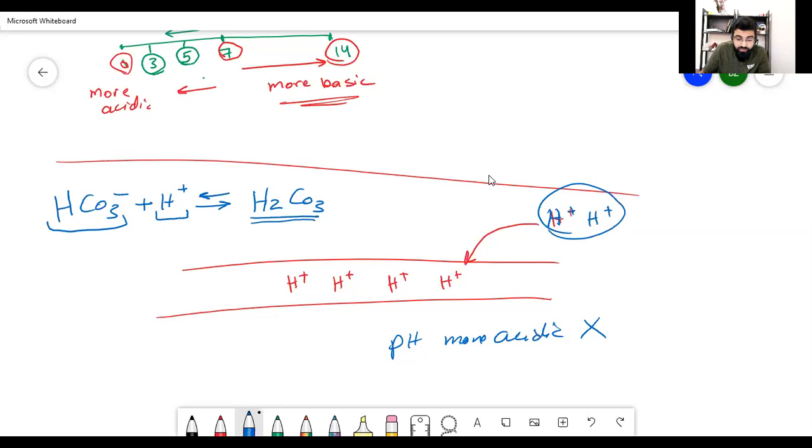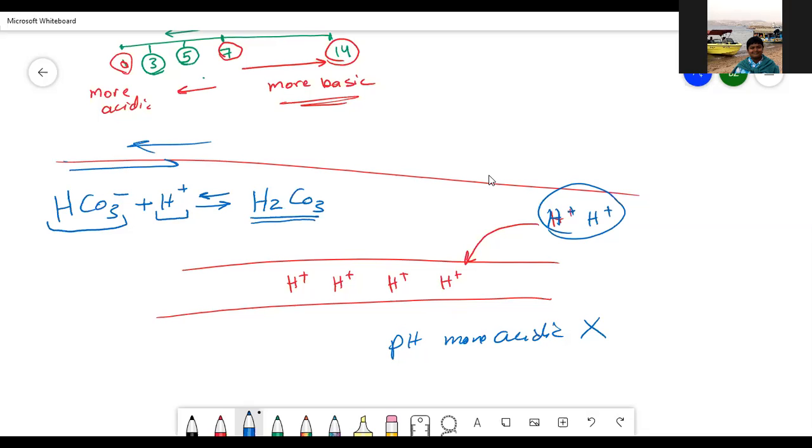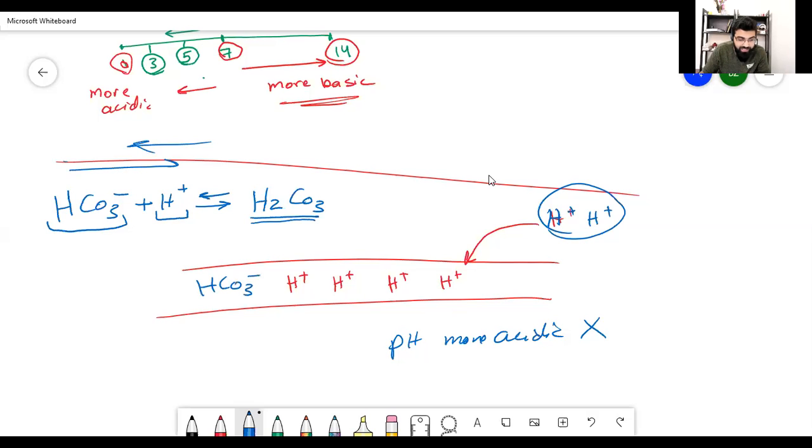So how do we maintain the concentration of H plus? If the food, for example, increases the H plus in the blood, which reaction will happen, from left to right or from right to left? Left to right. This HCO3 minus will cancel some H pluses to keep the concentration the same, not changed. You got the point?